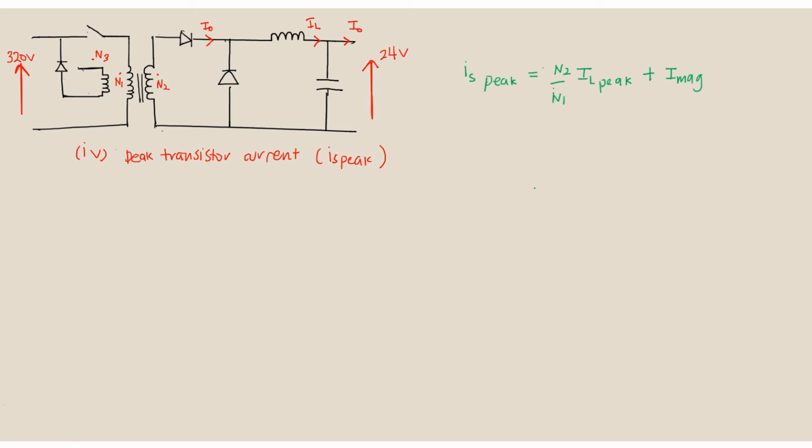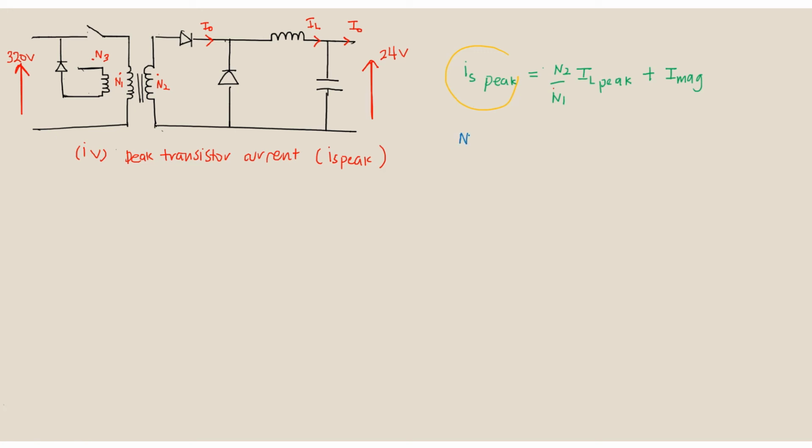In order for us to calculate IS peak, we have to know the ratio, the IL peak and I mag. This color is not very clear, so let's use blue.